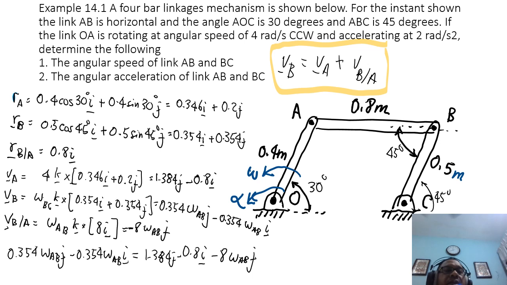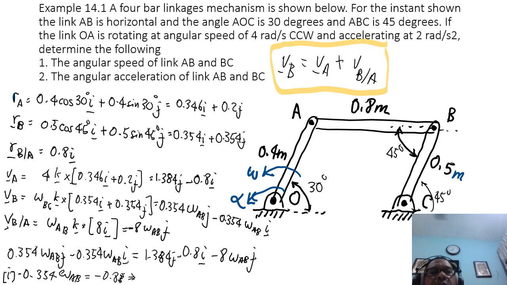So if we take the I parts or the J parts, let's see what's the easiest one. So the I part would be the easier one. So let's say if I take the I parts, then negative 0.354 omega AB equals minus 0.8.